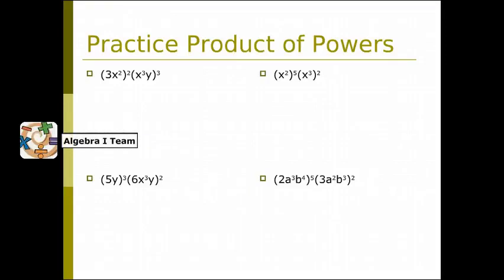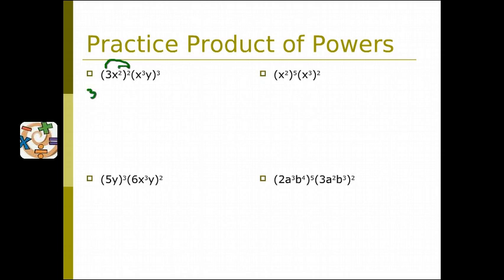Let's take a look at our first example. We've got 3x squared all squared times x cubed y all cubed. So first thing that we must do is our power to power rule. So again, we have to distribute this 3 on the outside of the parentheses to everything on the inside of the parentheses.